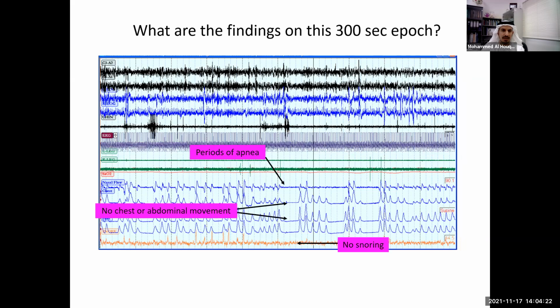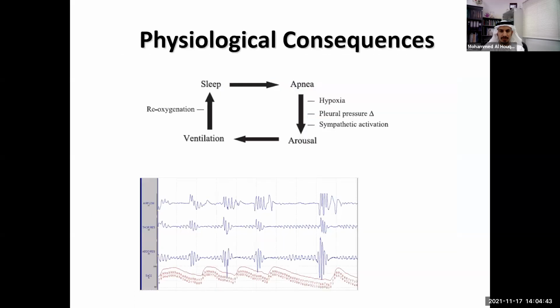Another sleep recording where you see no chest and abdomen movement with absence of airflow. So we call this central sleep apnea, but it's different from the previous one, where you don't see the crescendo, decrescendo pattern of breathing. So this is a central sleep apnea secondary to narcotics.